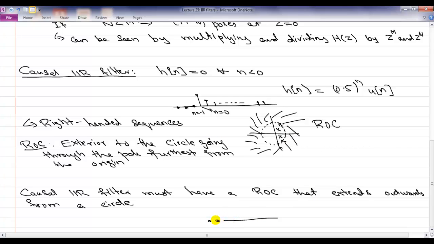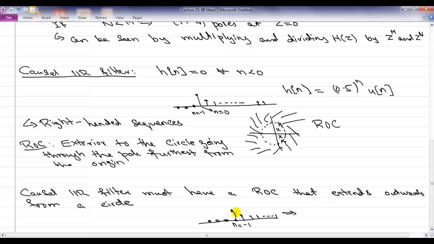For example, a sequence which is 0 for all the points, but starts becoming non-zero at n equal to, let's say, -1. This sequence will also have a similar kind of ROC. Okay, so an outward expanding ROC is a necessary condition for a causal IIR filter, but if I just tell you that an ROC has this form, you don't necessarily know that it is causal or not.